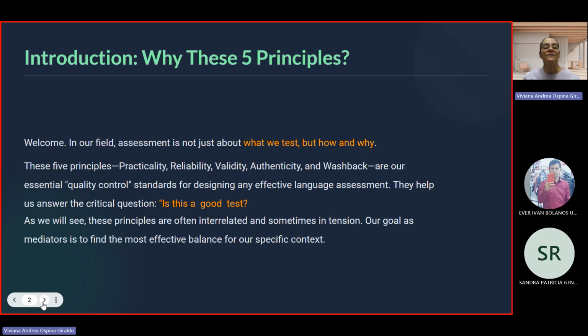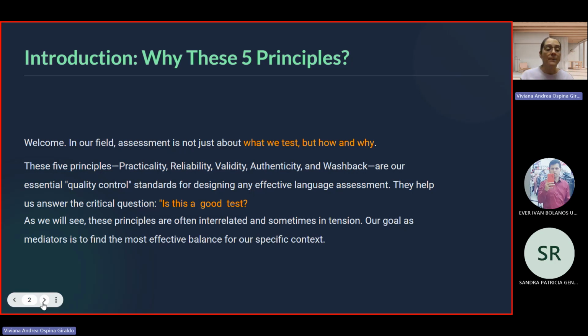So these 5 principles we need to recall: practicality, reliability, validity, authenticity, and washback. These are essential to keep the standards for designing an effective language assessment class.